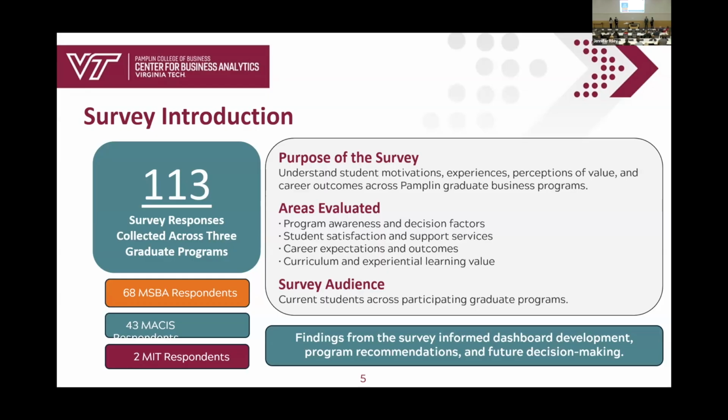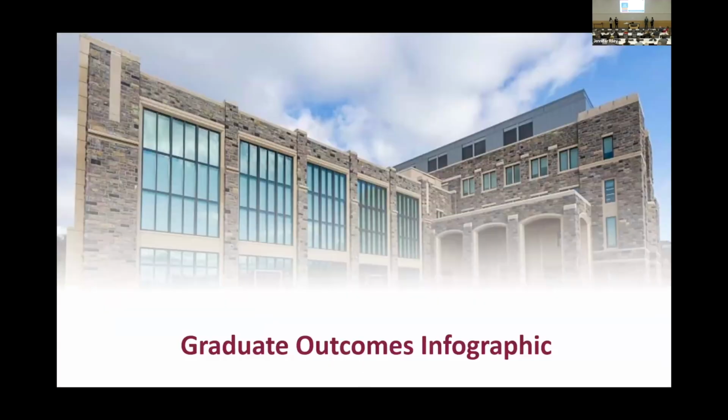Lastly, 71% of students felt either confident or extremely confident in their employment prospects post-graduation. Ultimately, our goal with the survey was to give Pamplin leadership a clear, student-backed image of where their programs are performing well and where there may be any opportunity to improve. With that being said, I would now like to pass it off to Andrea to begin discussing our graduate outcomes infographic.